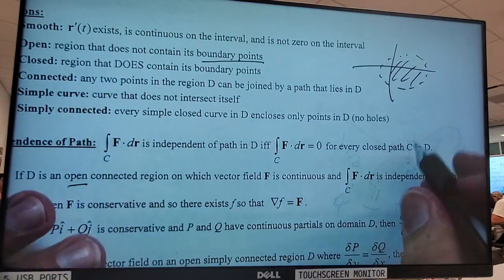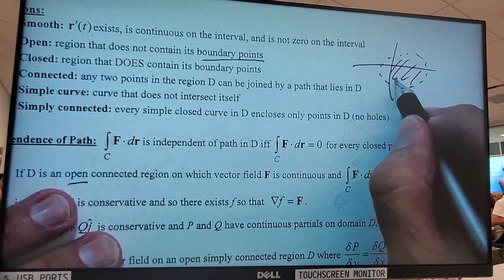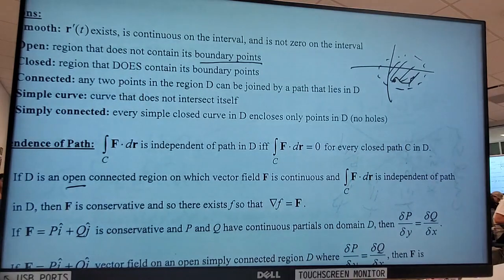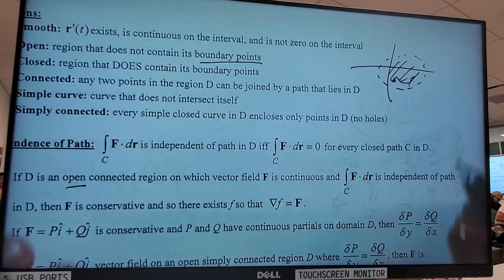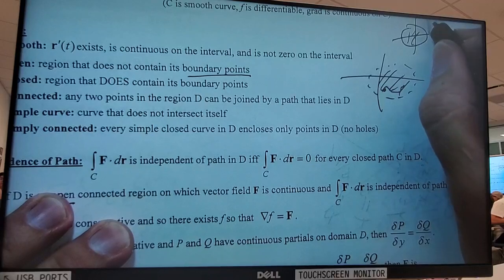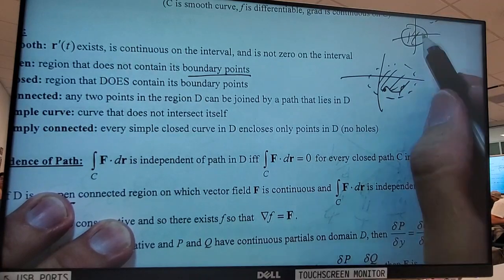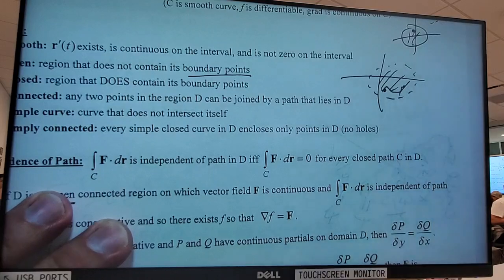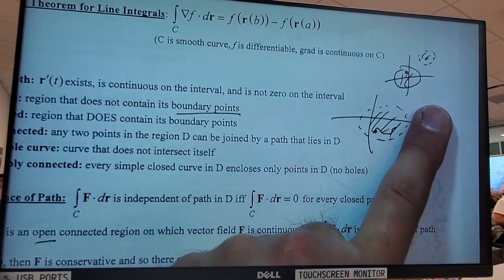Connected means any 2 points in the region can be joined by a path that lies in D. So there's no region that has separate parts. I have to be able to get from one part to another. So this region would not be connected, and this region is not connected. I can't go from this piece to that piece. I can't connect them and stay inside the region.